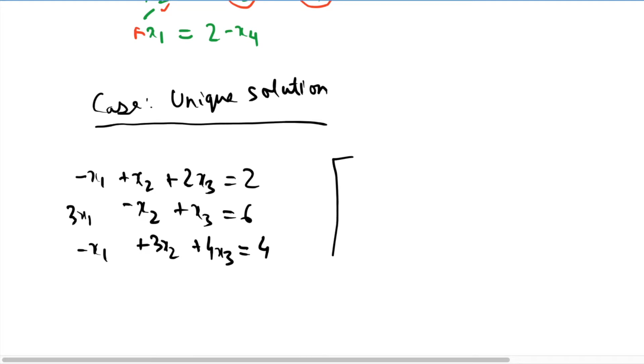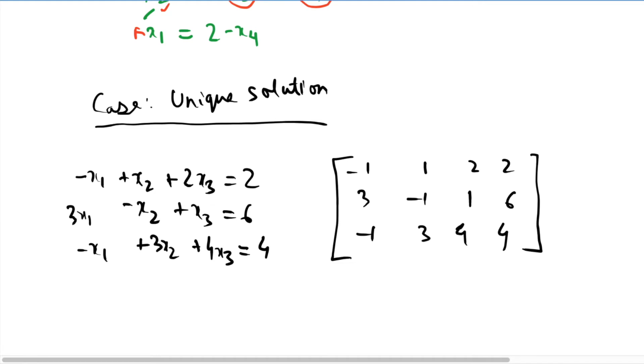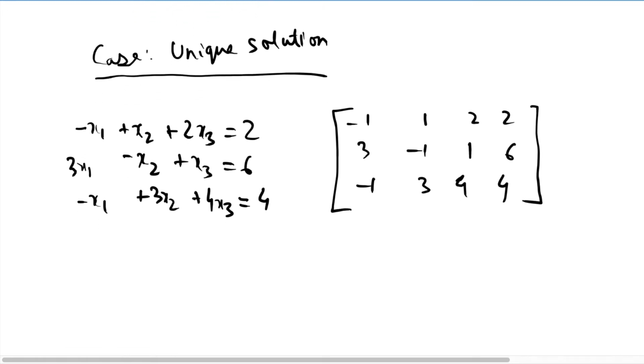And the corresponding augmented matrix would be minus 1, 1, 2, 2, and then 3, minus 1, 1, 6, and minus 1, 3, 4, 4. Okay. So as usual, again, we will consider the first equation as the pivot equation and the first unknown here as the pivot.